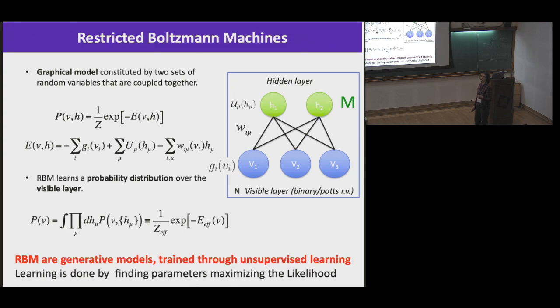For the case of an Ising model, you will have just a local fields parameter with one value. In this case, you have a local fields vector which has 21 values corresponding to the different Potts states, which are the different amino acids. So this is what I call parameters. It's a function in reality.